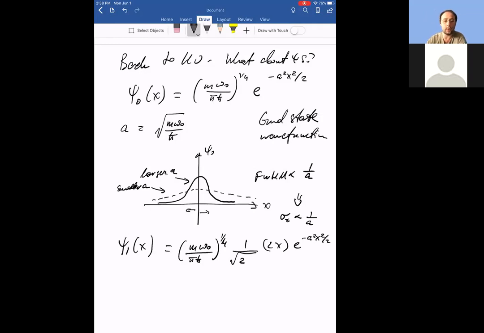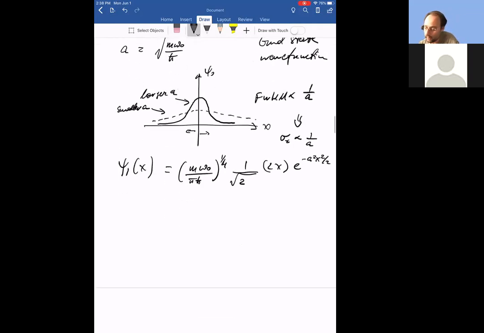And this one is an odd function, right? Because odd times even is odd. And this wave function, now it's the wave function I'm drawing, not the wave function squared. It looks kind of like this. Okay, so this is psi 1, and so on and so on.